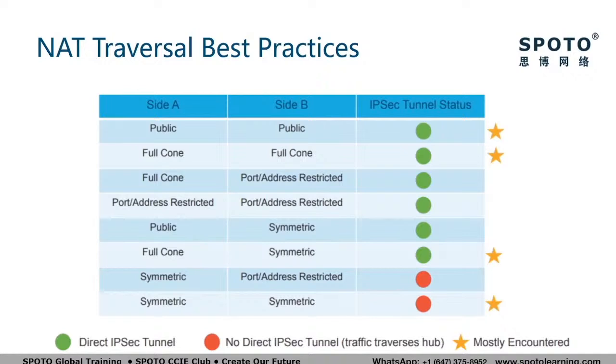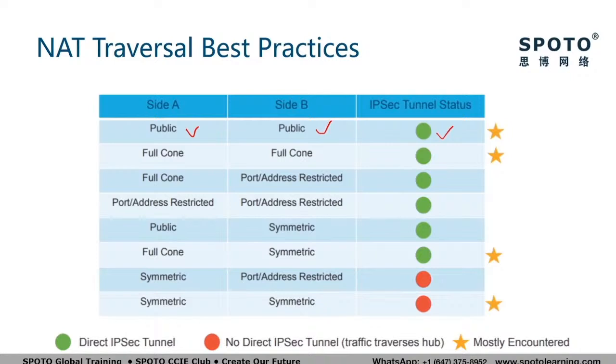NAT traversal best practices. As you can see in this table, if we have a public IP address at side A and a public IP address at side B, it's trouble-free. This is the most commonly encountered, and the IPsec tunnel status is green or good.